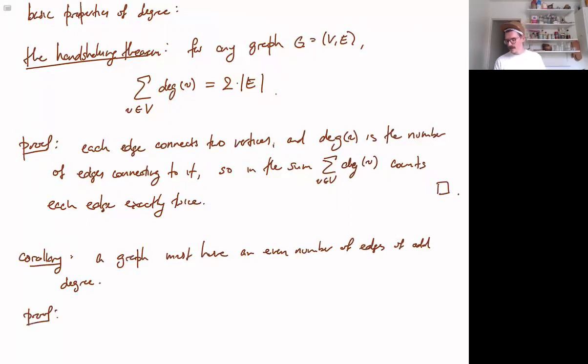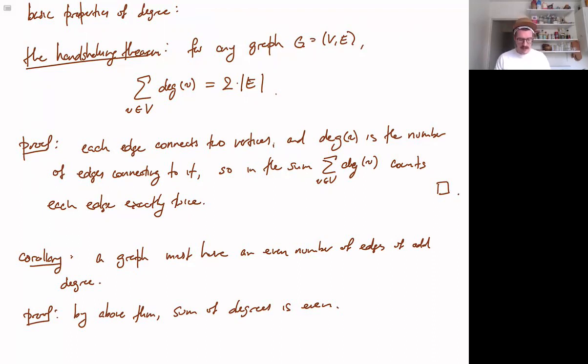The reason for this is simply that, by the above theorem, the sum of the degrees of all vertices is even because it's 2 times the number of edges. And basically, it boils down to some basic facts about adding up even numbers and odd numbers.